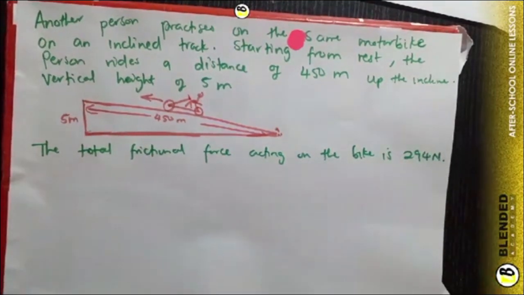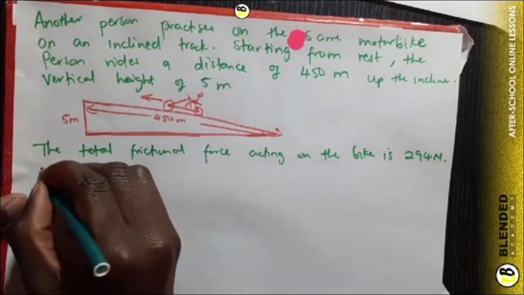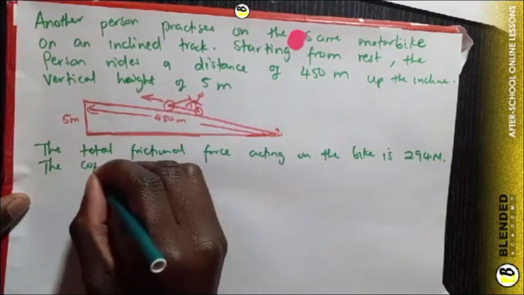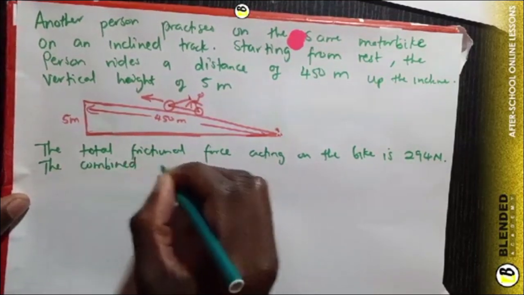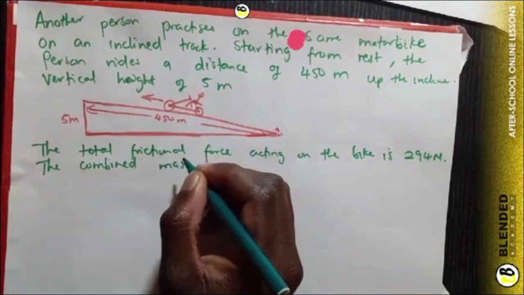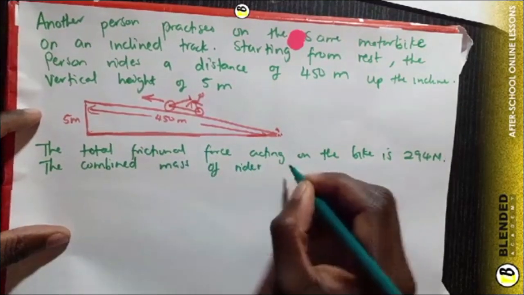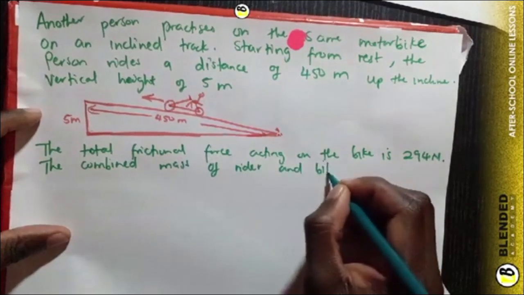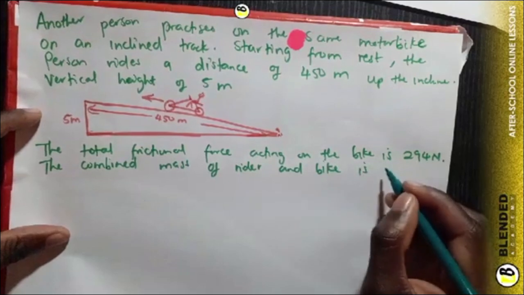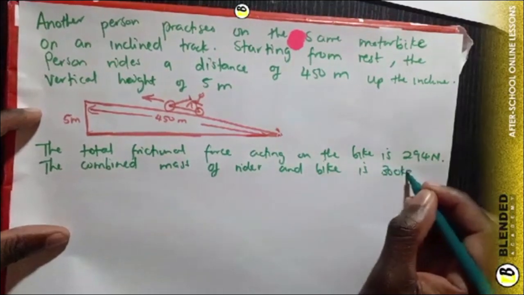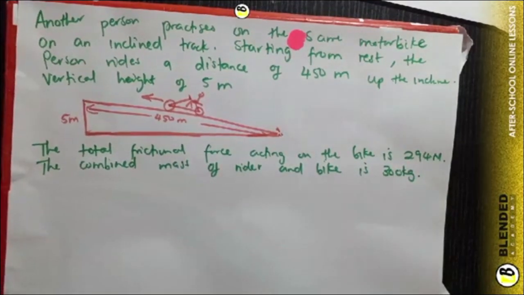That's the friction acting on the bike as it moves up the incline. It also says the combined mass of the rider and the bike is 300 kilograms. So that's the mass of the driver and the bike, 300 kilograms.